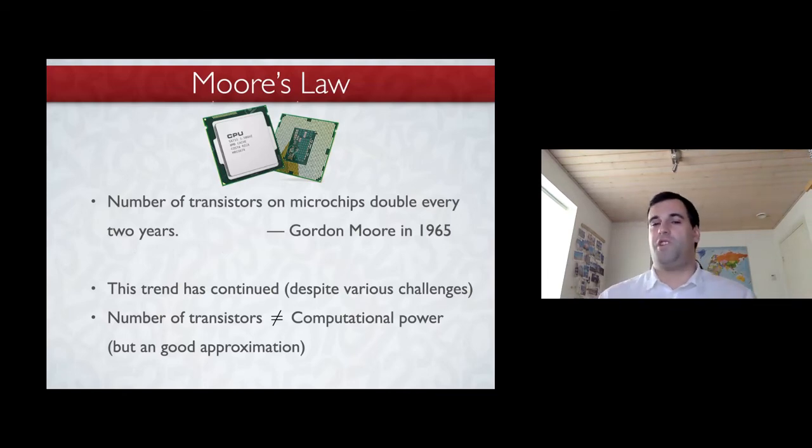He was expecting this trend to hold for 10, 20 years maximum, and it is still quite accurate these days. Of course, there is no clear translation from the number of transistors to computational power, but the number of transistors is a good approximation of how much computing power is available. So it's sometimes more publicly referred to as computing power doubling every 2 years, but technically the term he used was transistors.